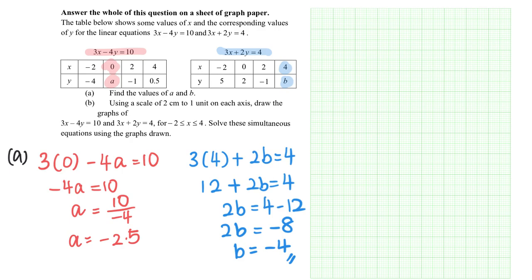Now, part B, we are required to draw this graph from negative 2 to 4. Okay, so I will have my y-axis somewhere here.